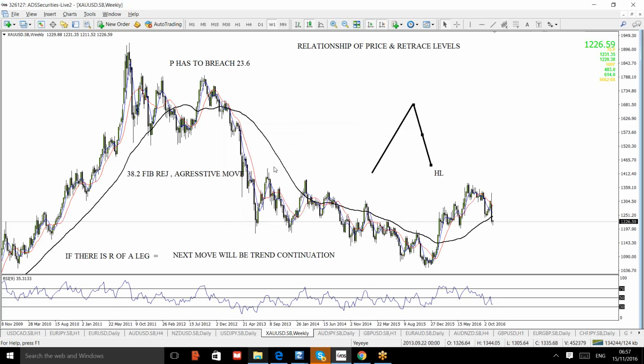Higher low, guys. Even if it is 100% retracement, we consider that a higher low, unless the price breaches the previous low. So anywhere the price stops, it is a higher low, and it is considered a continuation move to the upside.